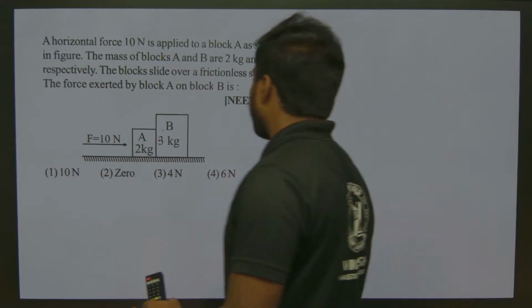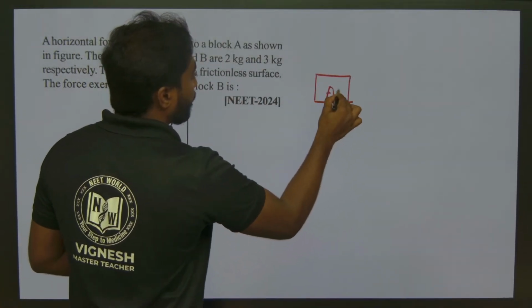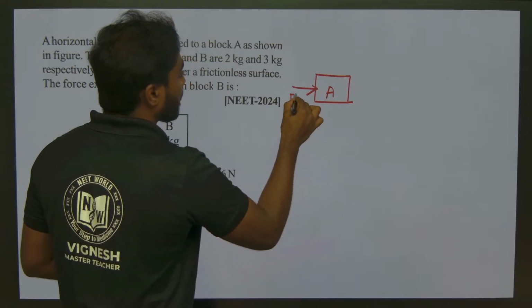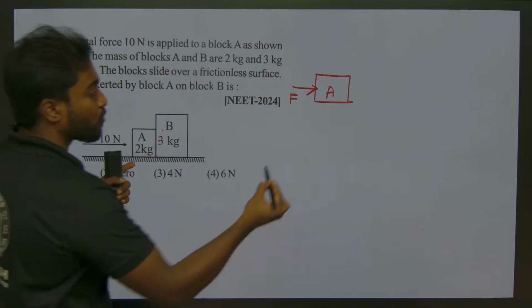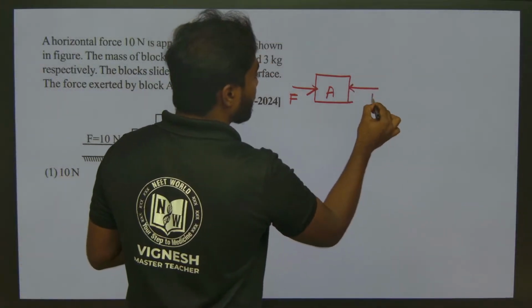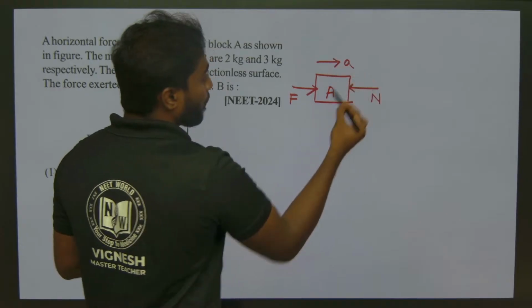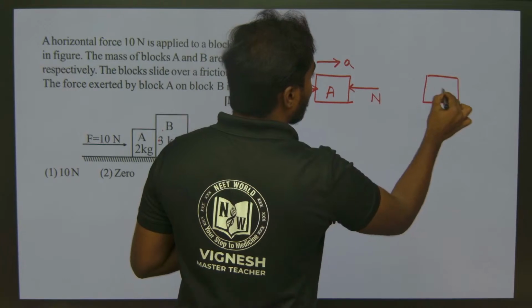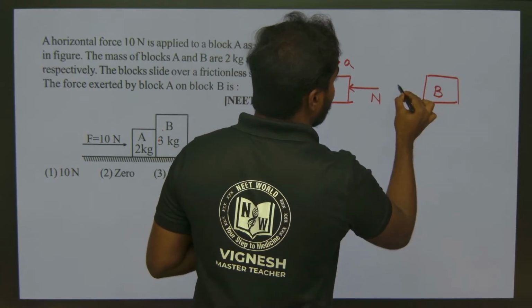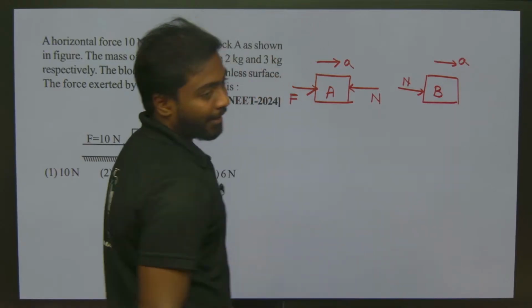See, when we talk about block A, the external force acting is F. Due to block B, a normal force is there in this direction, that is N. The object is moving in this direction with acceleration a. For block B, due to block A, the normal force is in this direction, that is N, and acceleration is in this direction.